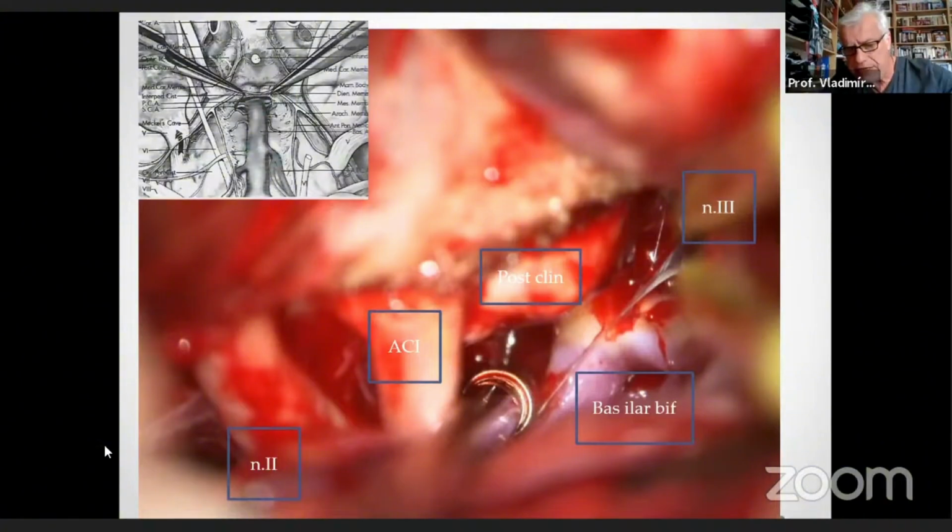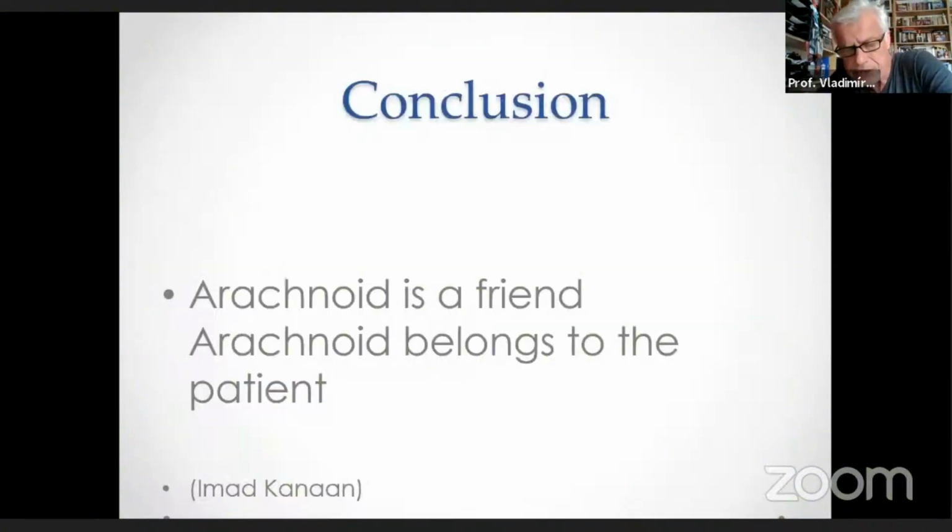And you never leave the space of the carotid cistern resecting such a tumor. So this is what Imad Kanan is always saying, that arachnoid is a friend, and arachnoid belongs to the patient, which means preserve it, do not cross it, do not cut it unless necessary.